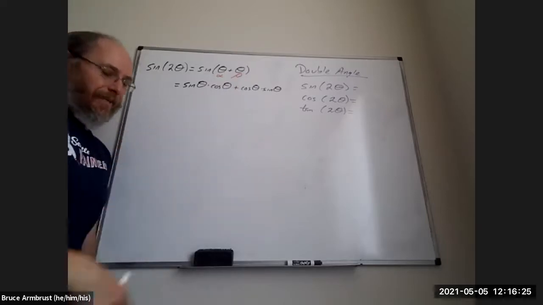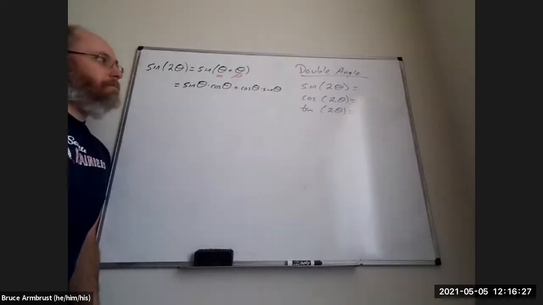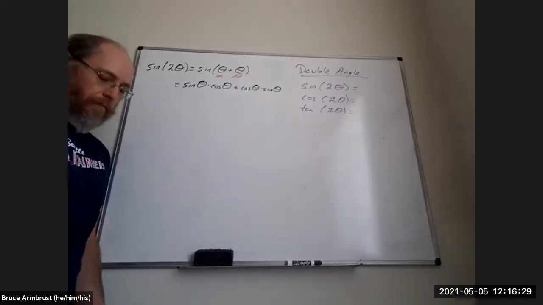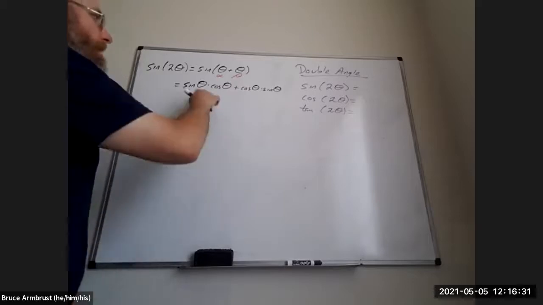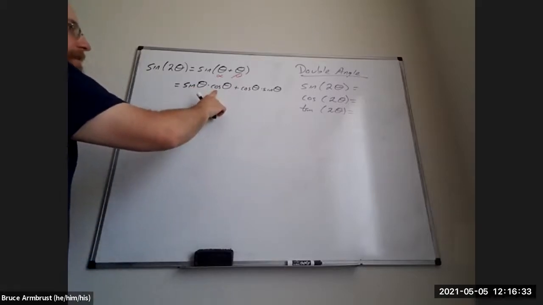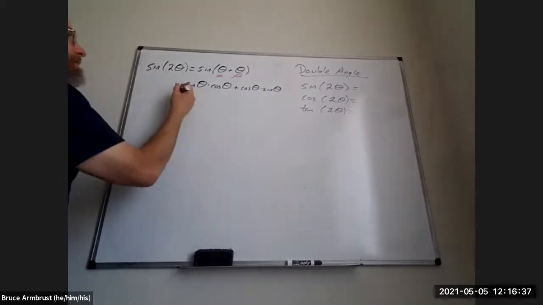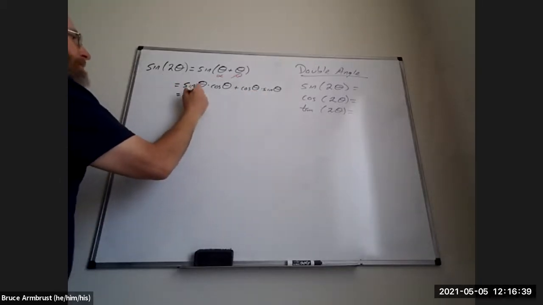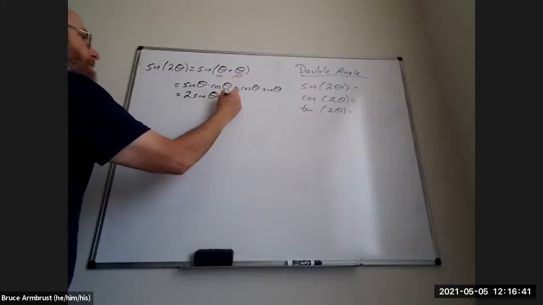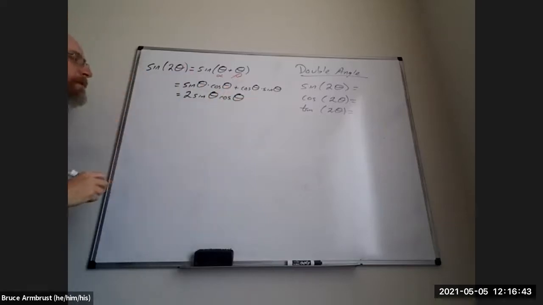I'm calling it theta here. They're identical. All right, so we've got sine of theta times cosine of theta, another sine of theta times cosine of theta, which means I can combine those. And we get 2 sine theta cosine theta.